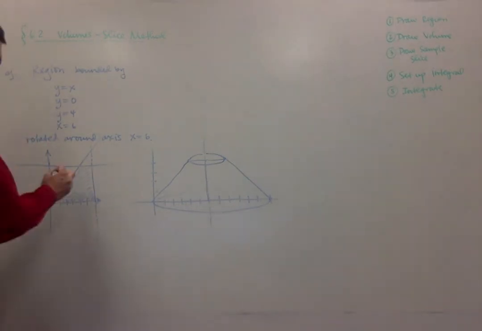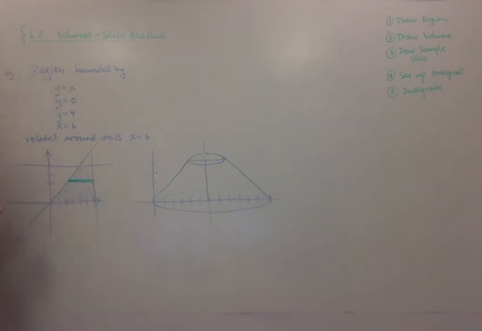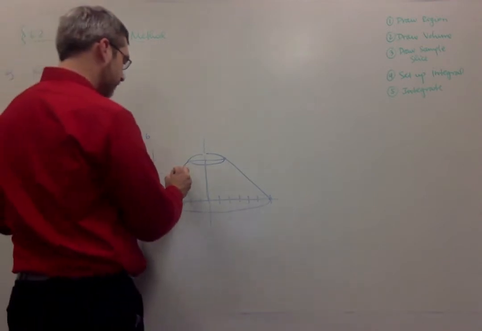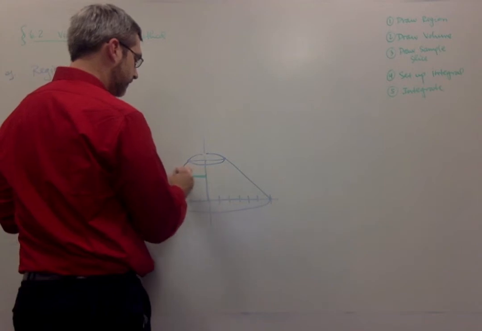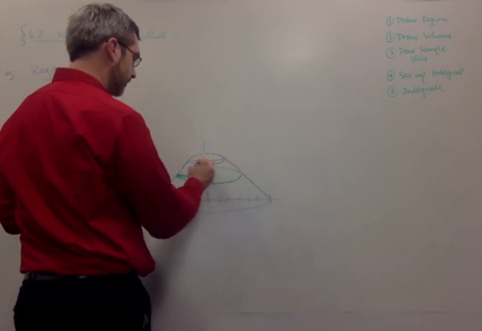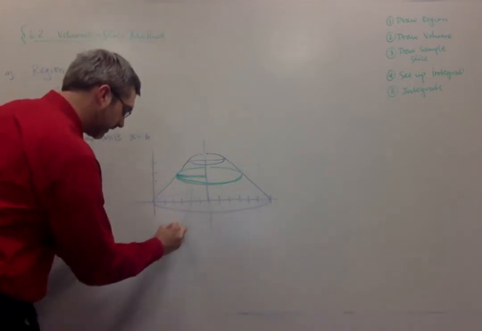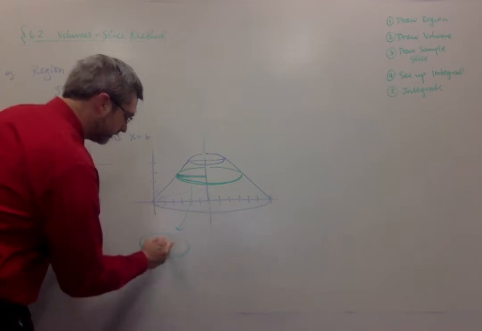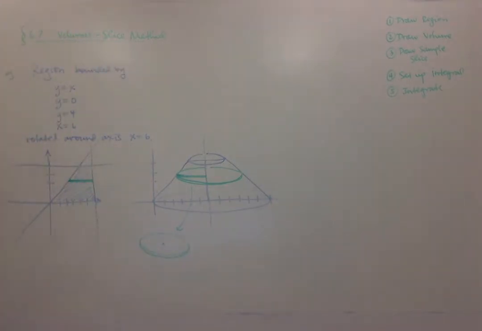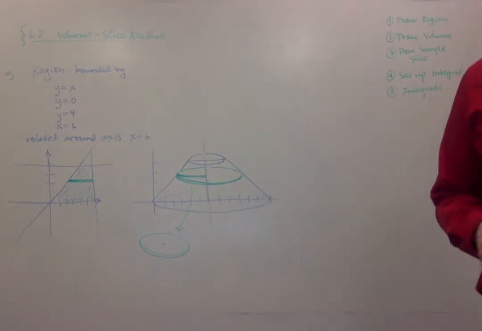So if I were to slice this horizontally this way, then come over here and spin that, what you would get is a circle. Okay? And we just have to figure out the radius. Okay. Everybody in agreement? Does all make sense?